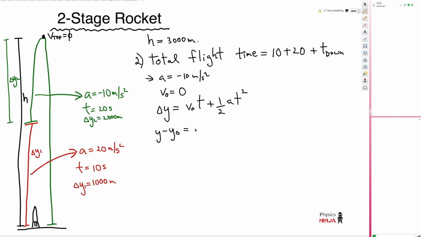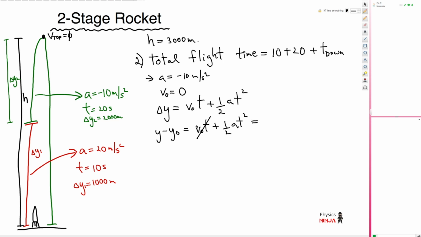It's going to be equal to v0 times t plus 1/2 at squared again. Okay, we can simplify this a little bit. Since the initial velocity is 0, that term can be thrown out. What about the initial position? Well, I can take the initial position as being 0. I'll just set the 0 up here. And I know that the final position is going to be 3,000 meters below.